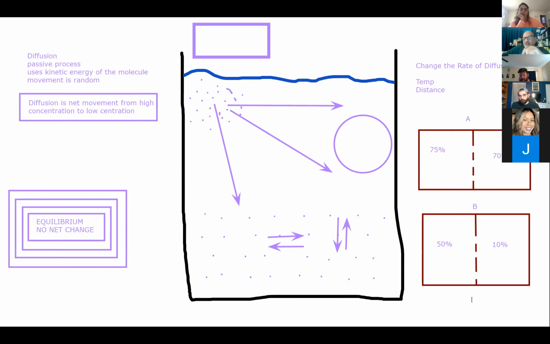Notice, as someone mentioned, it's not just the solvent density, but it is the concentration gradient, right? Here, the difference is only 5. It's a relatively small difference, and so it's going to be a relatively low rate of diffusion. Here, the rate of diffusion is going to be much faster because there is a bigger difference. So absolutely, concentration gradient makes a difference.